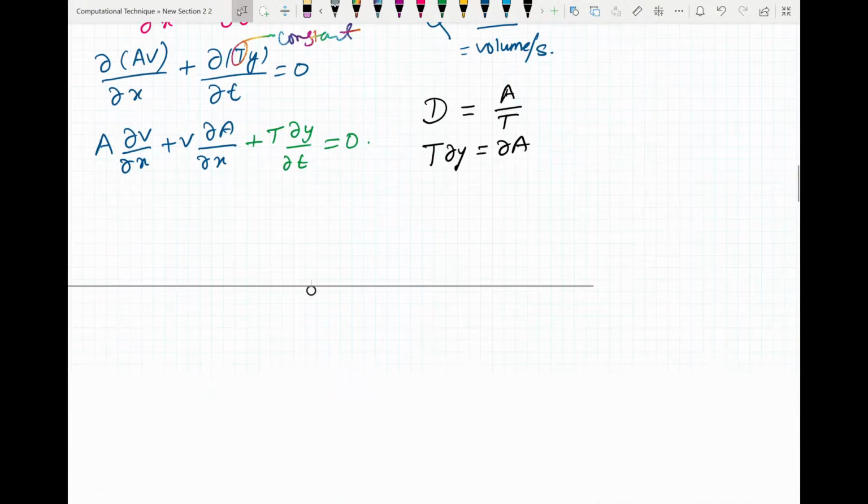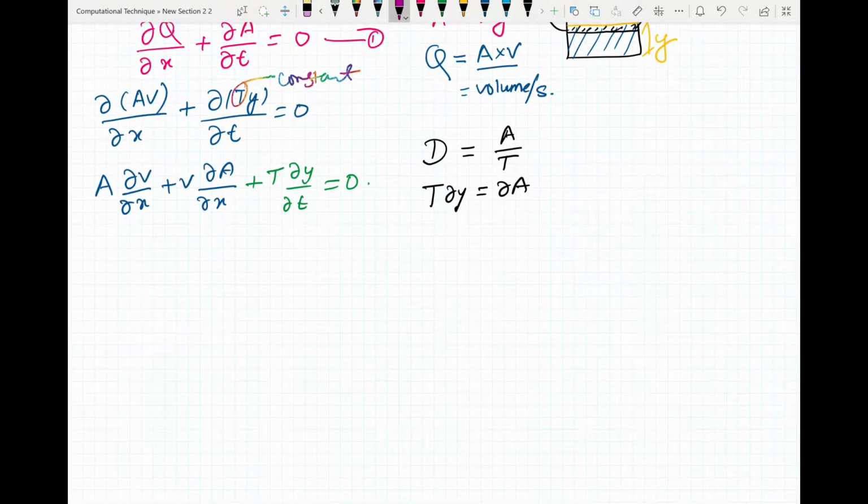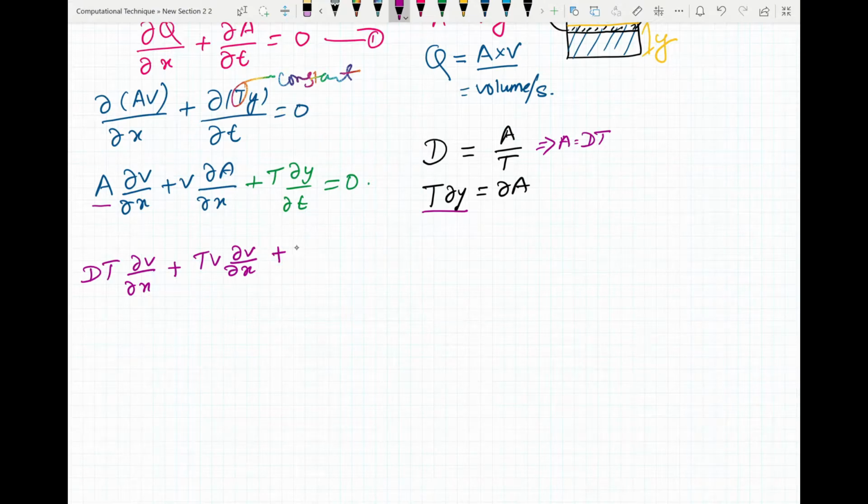Now if you plug in these values here, what you will get would be, dt plus dA given by t dy. So t v dv by dx plus t dy by dt equals 0.